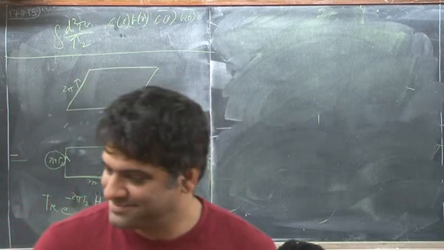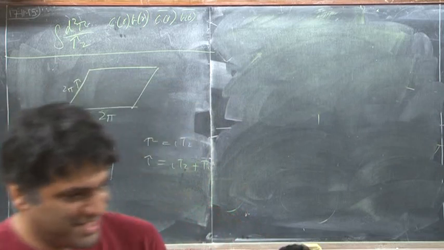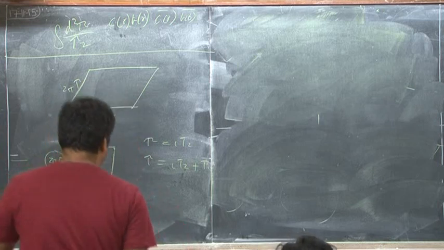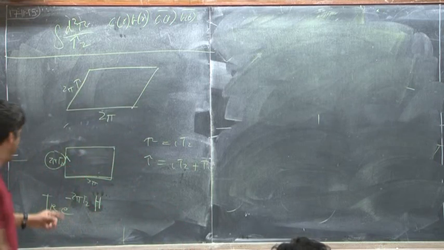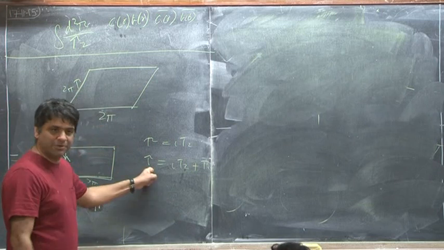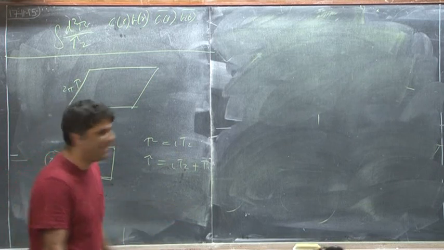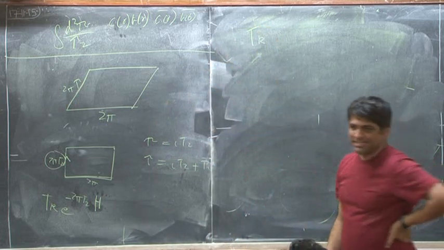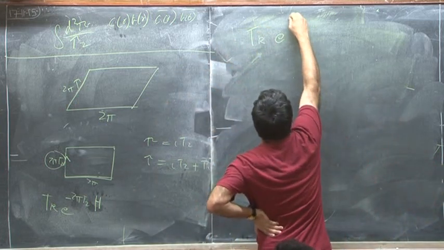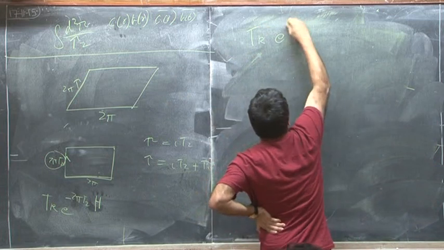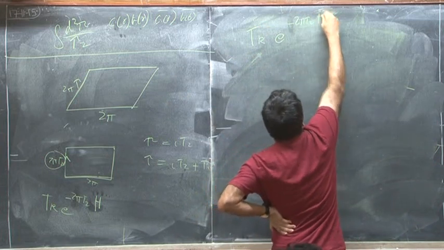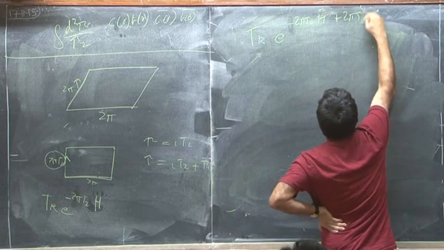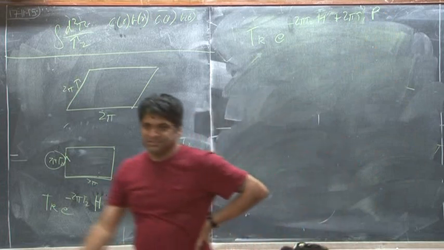By tau 1. What is the generator of translations in the space direction? Momentum. So the partition function with both tau 2 and tau 1 is the trace of e to the power minus 2 pi tau 2 H plus 2 pi i tau 1 P, where P is the momentum.